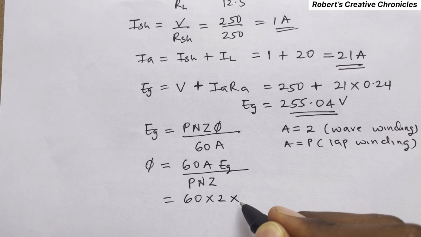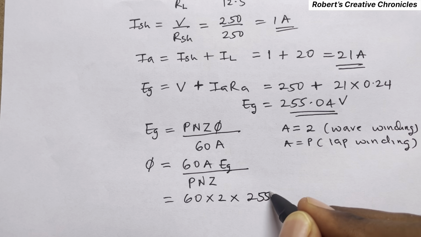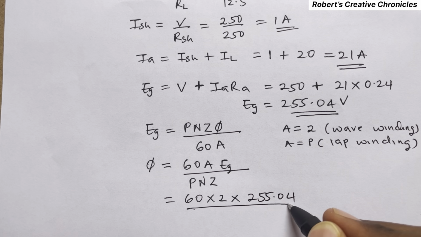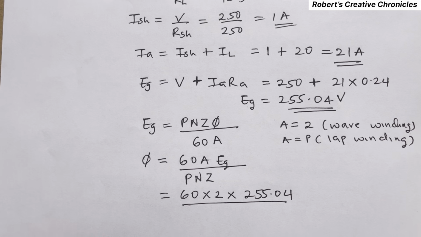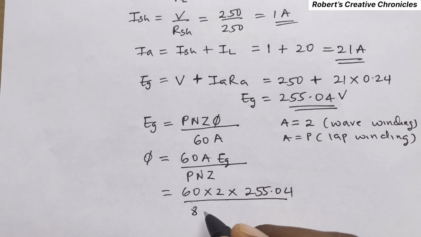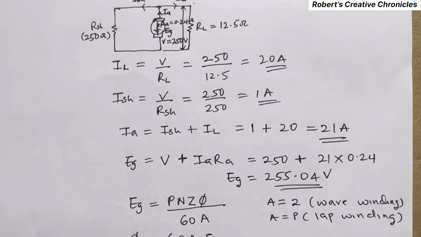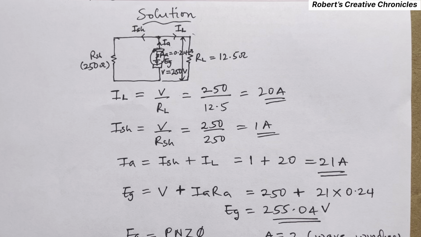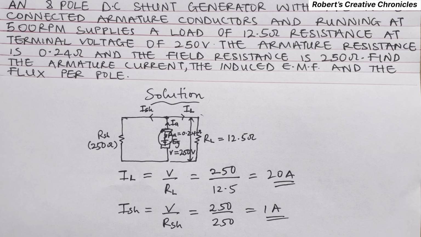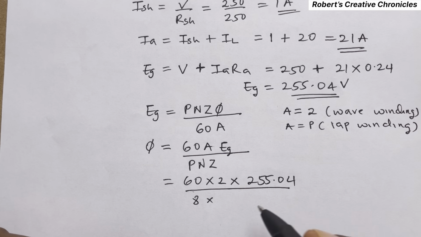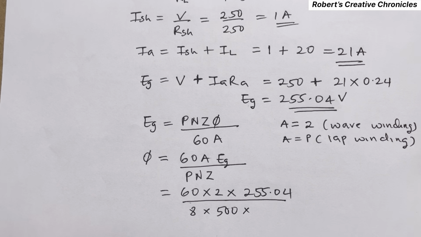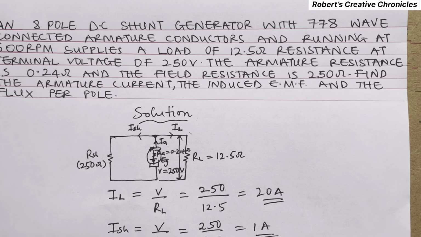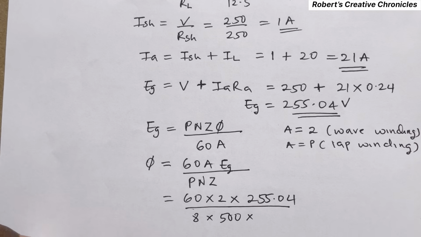So 60 times 2 times 255.04 over P, the number of poles, which is 8, N, the speed, which is 500 RPM, and Z, the number of conductors, which is 778.